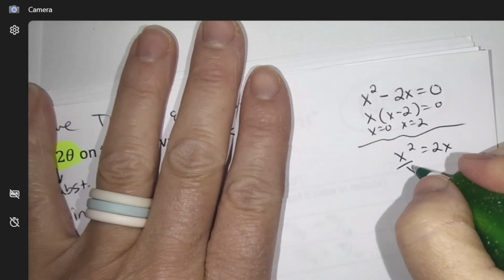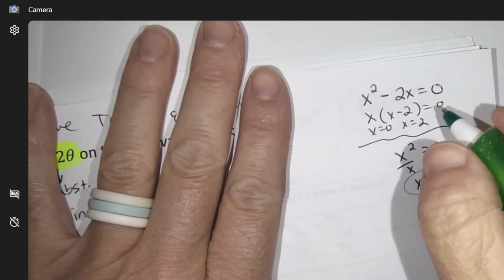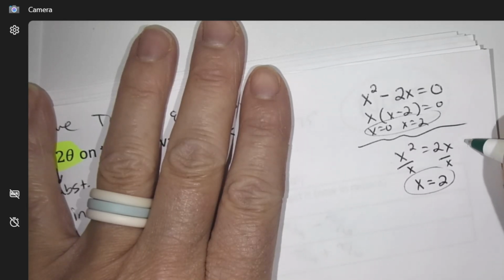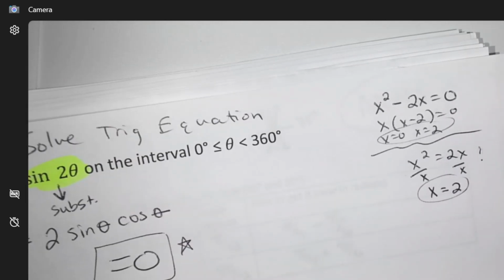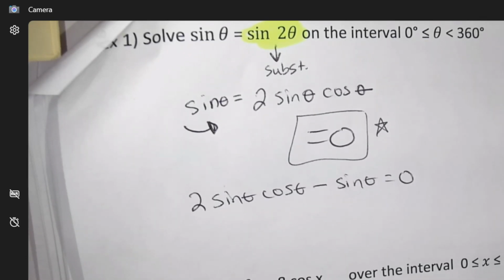So if I divide by x, I get x equals 2. Did we get to the same answer? No. Okay, so when you do this division part, you eliminate one of the answers. Does that kind of help you compare? Yeah. Okay. So when you have 2 variables, you have to have it equal 0.